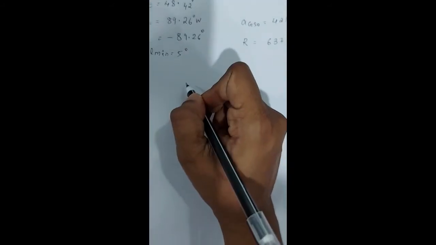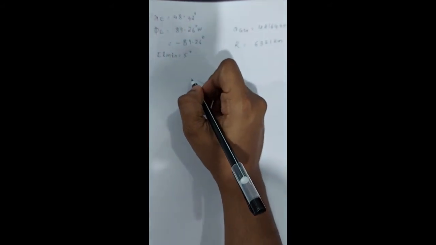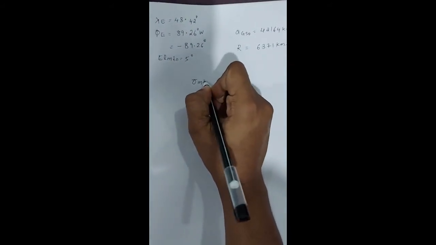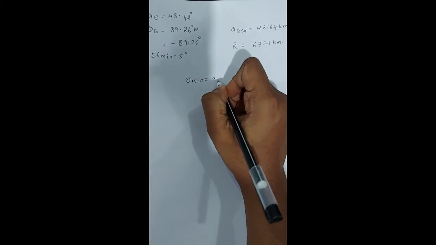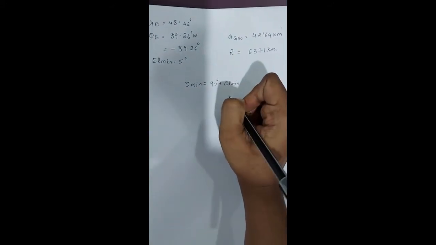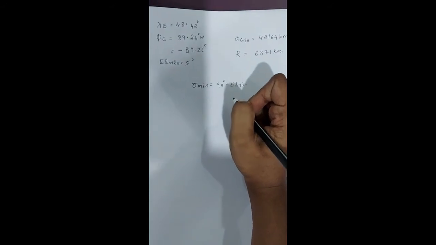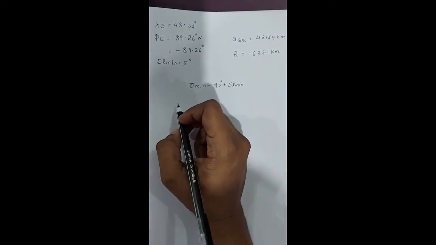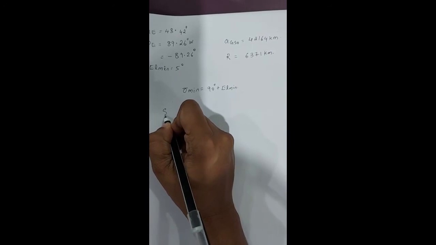We know, as per the previous equations, sigma min is equal to 90 degrees plus EL min. What should we find out? First, let us find the value of S.